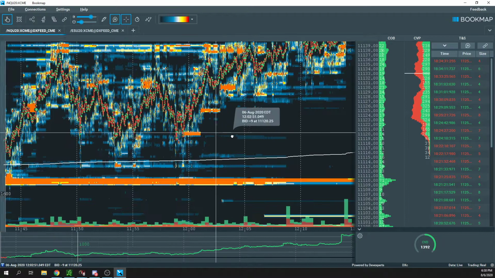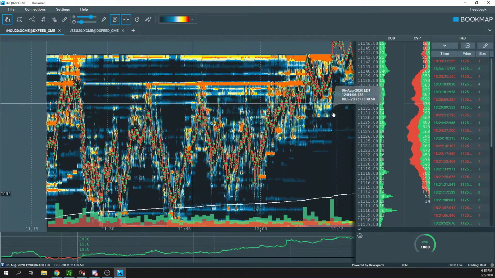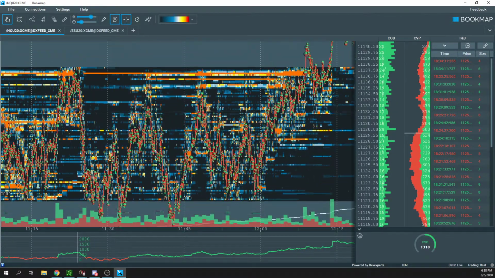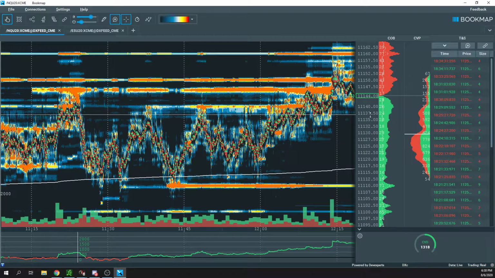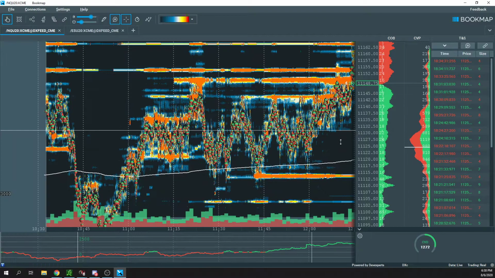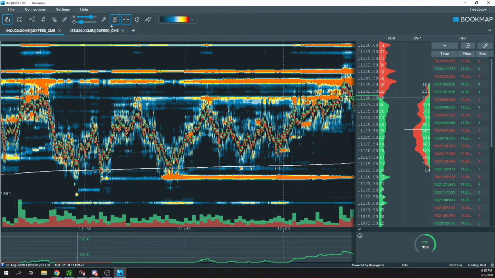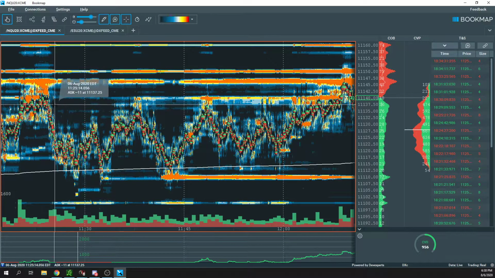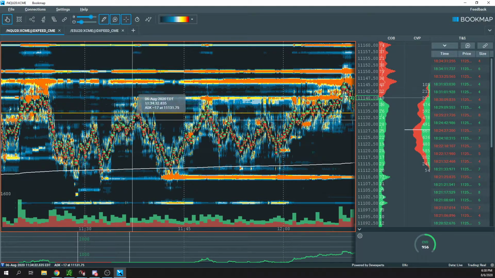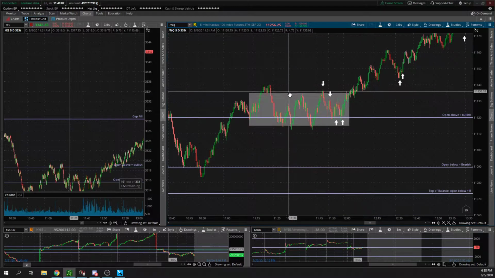So this is what we're going to be looking at, once I get this cleaned up for you guys. Alright, so this is what we're going to look at. This level is the top of this little box that you guys can see. This little box right here.